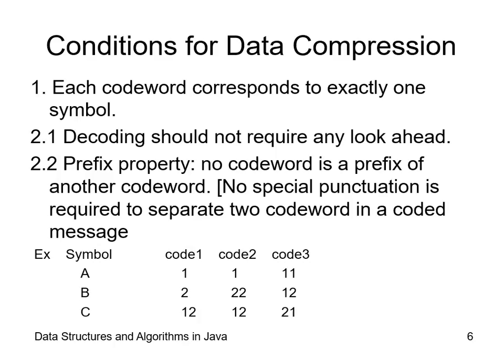1, 2, 1, 2, 2. 1 means A. 2 doesn't mean anything. 2, 1, in code 2, had no meaning. 2 alone has no meaning. 2, 1 has no meaning either. 2, 1, 2 has meaning? No. So it looks like A starting with 1 doesn't work either.